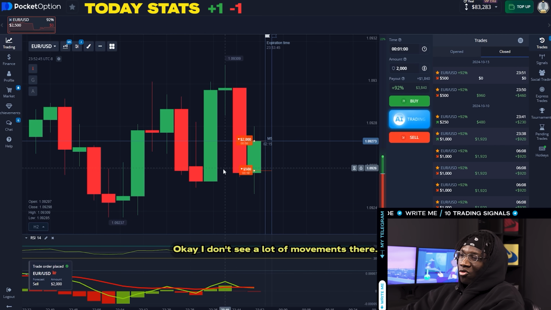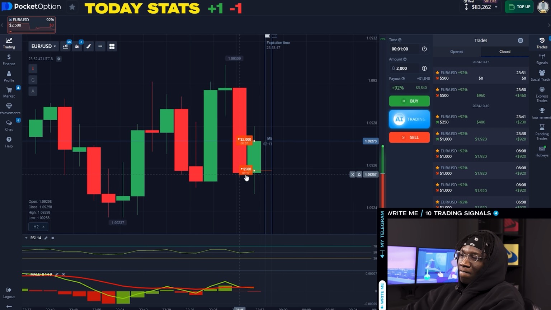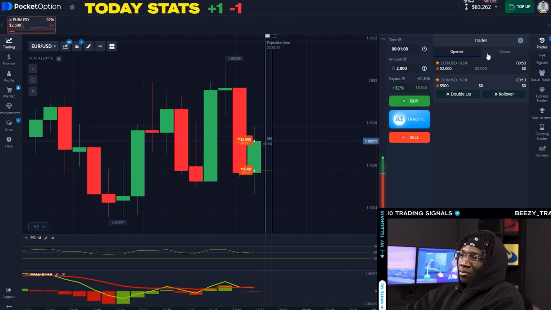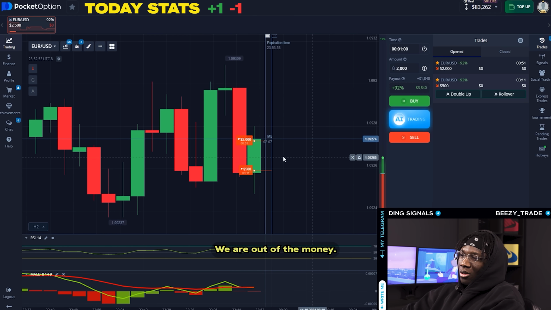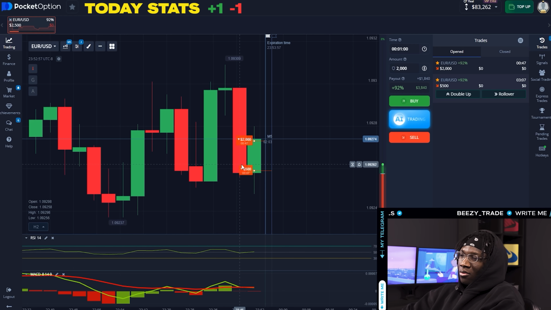Okay, I don't see a lot of movement there. So we're in for $2,000 for a minute. We are out of the money. Still got 3 minutes on the 500 trade.